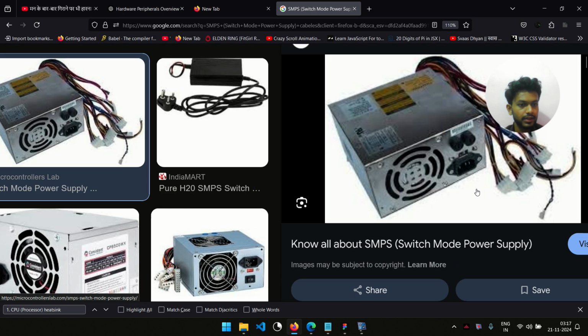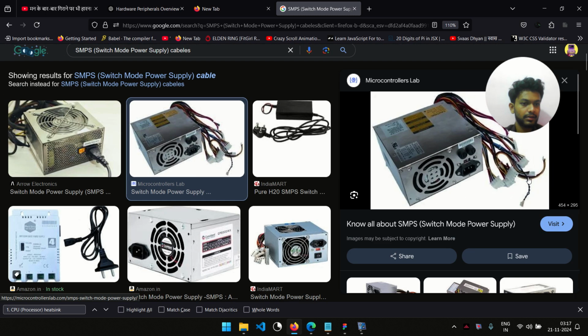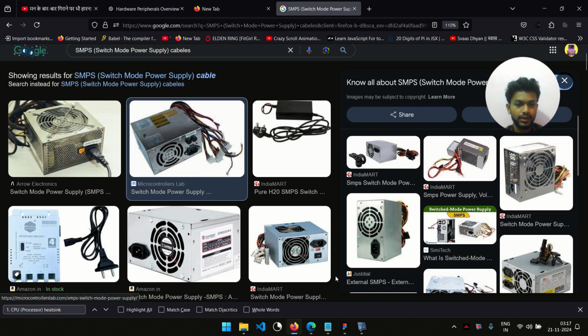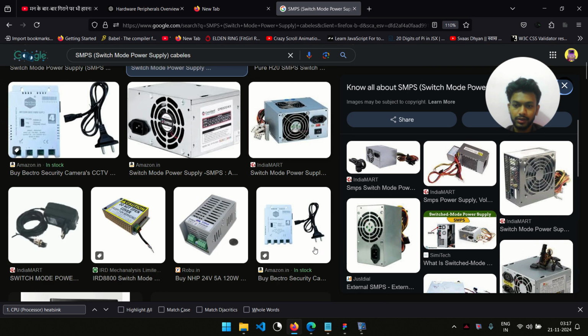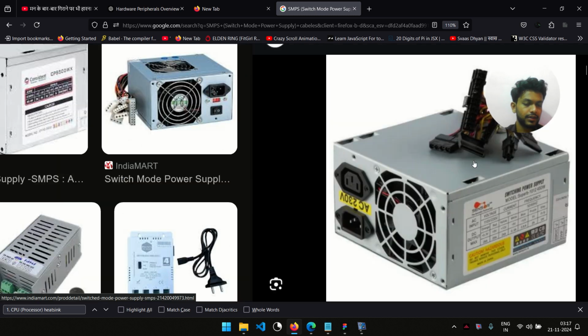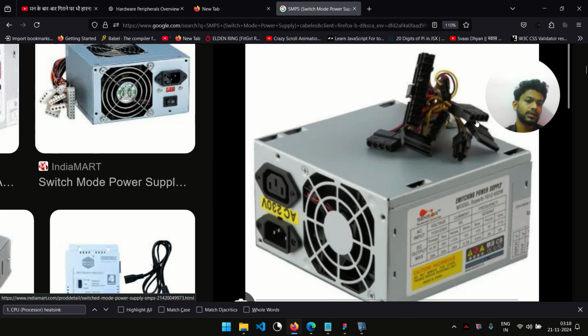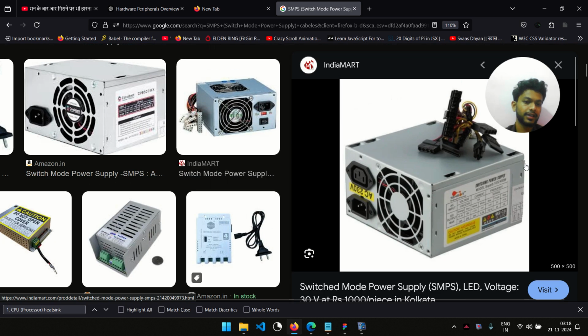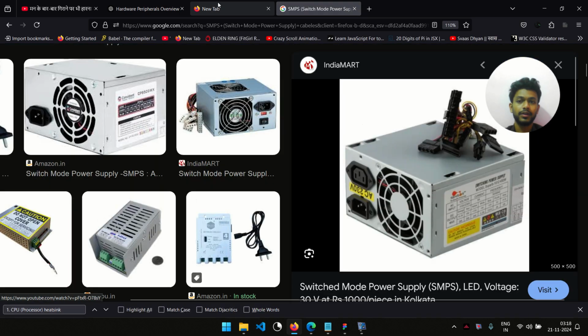So these are the different female and male jumper wires, or whatever you call them. I don't know what we call them here. These are the different components inside the motherboard that will be connected to this SMP, the switch mode power supply.